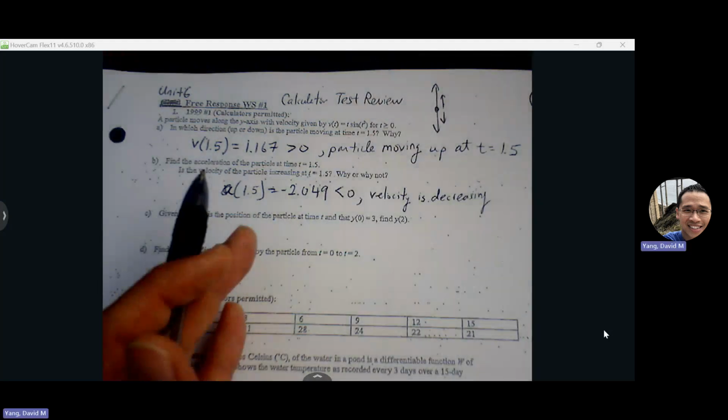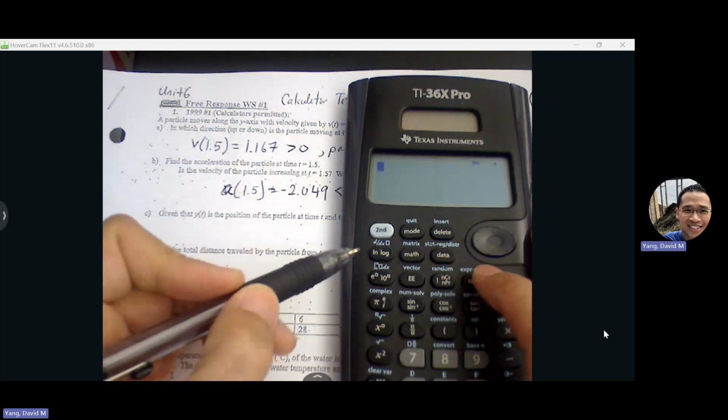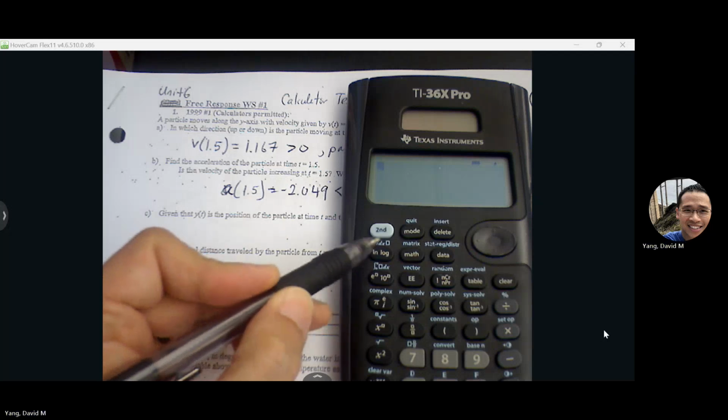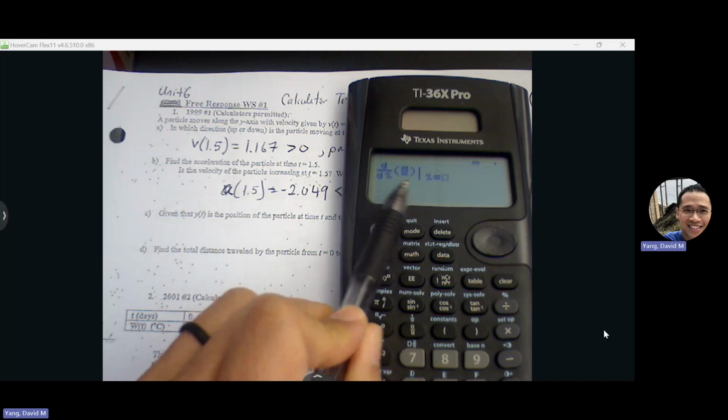Okay. The other option is if you're using a 36 Pro, near the top of the menu, there's that d over dx, under that blue upper region. So if you do second ln, it will call a very similar notation to what we just saw with the TI-84. But now you're going to have to type in the function and always use x.